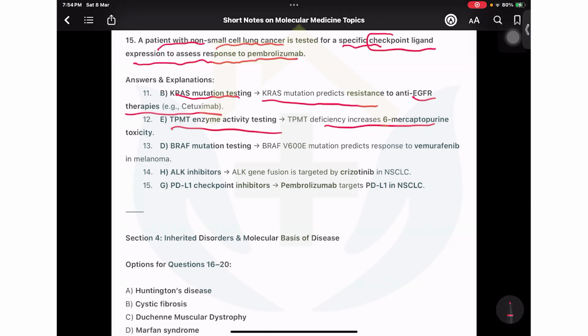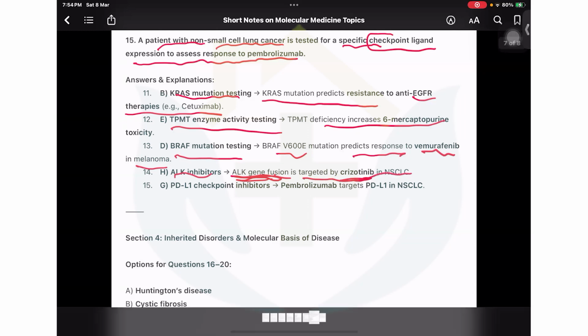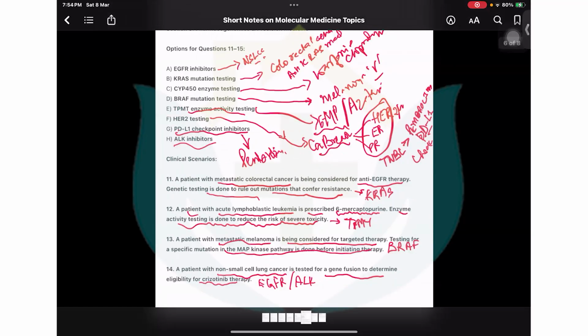TPMT is for mercaptopurine and thiopurines, which is azathioprine. BRAF mutation testing V600E is done to predict response to vemurafenib in melanoma. Very good. ALK inhibitors: the ALK gene fusion is targeted by crizotinib in NSCLC, where we were thinking of EGFR.